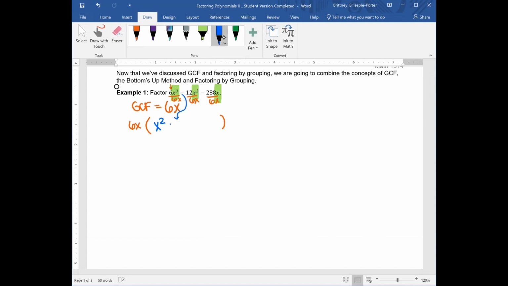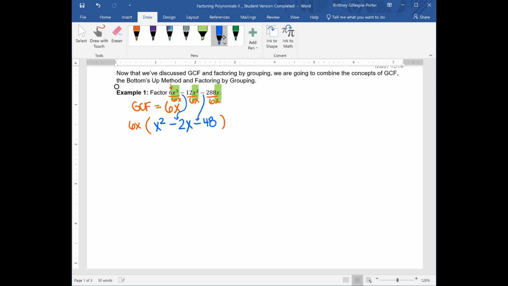Drag down my minus. 12 divided by 6 gets me 2. And x squared over x, I have x squared, so x times x. Take 1 away, I have an x to the first left. Bring down my minus. We said 288 divided by 6 got us 48, and x over x cancels out.